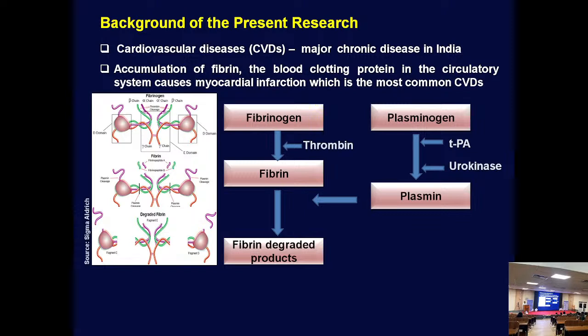One is this, coming directly to fibrinogen. Fibrinogen is the protein that will be digested by thrombin to form fibrin. Fibrin is the base where the blood clot is formed. Then the blood clot needs to be removed. So what happens?